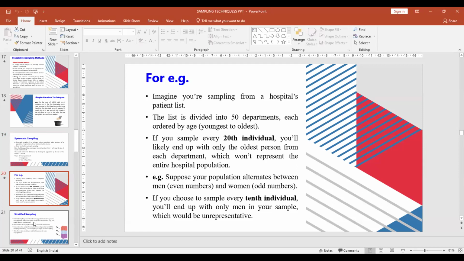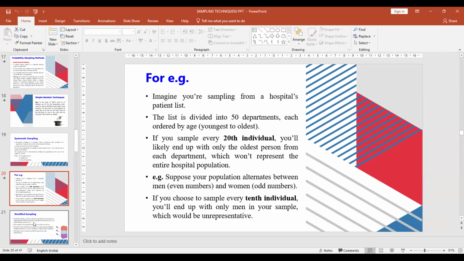Another example: suppose your population alternates between men, meaning even numbers, and women, odd numbers. If you choose to sample every 10th individual, you will end up with only men in your sample, which would be unrepresentative.